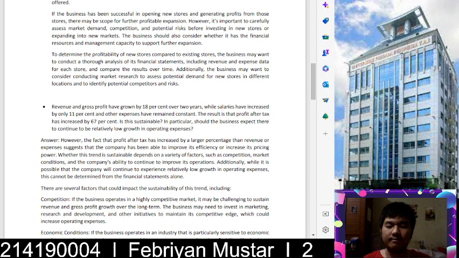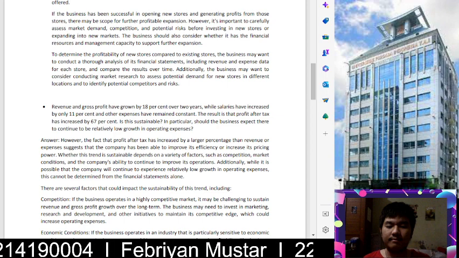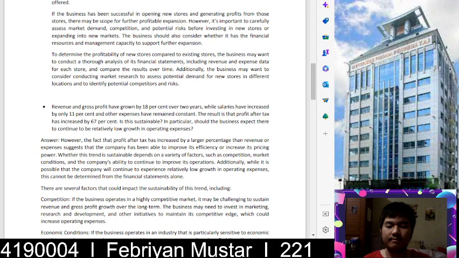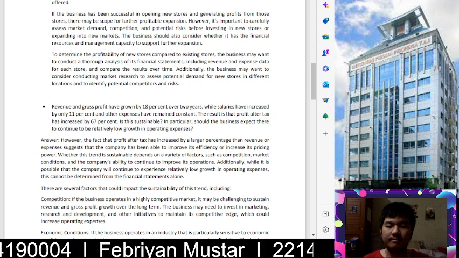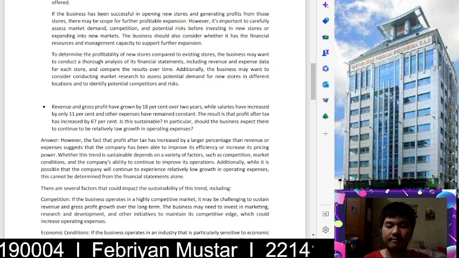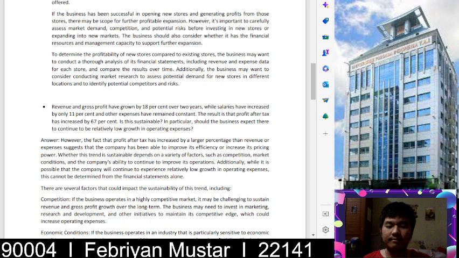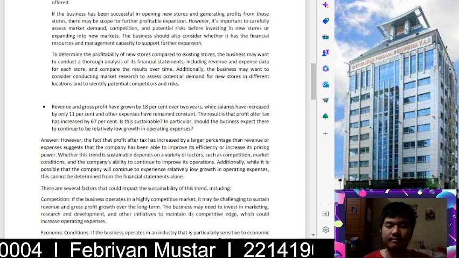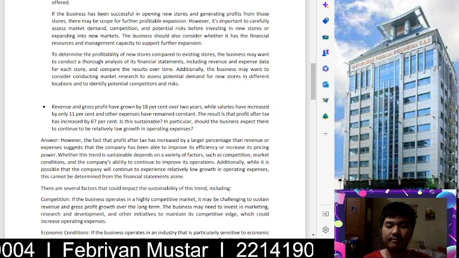The result is that profit after tax has increased 67%. Is it sustainable? In particular, should the business expect there to continue to be relatively low growth in operational expenses?